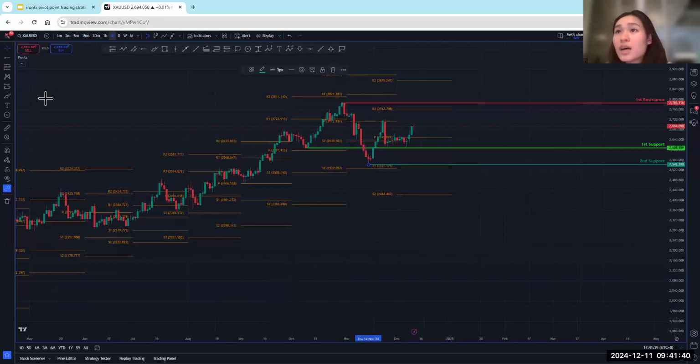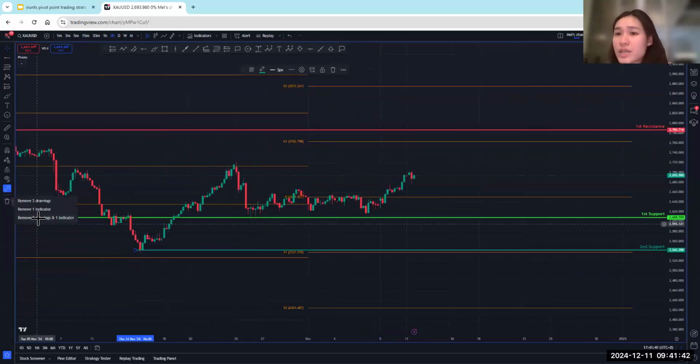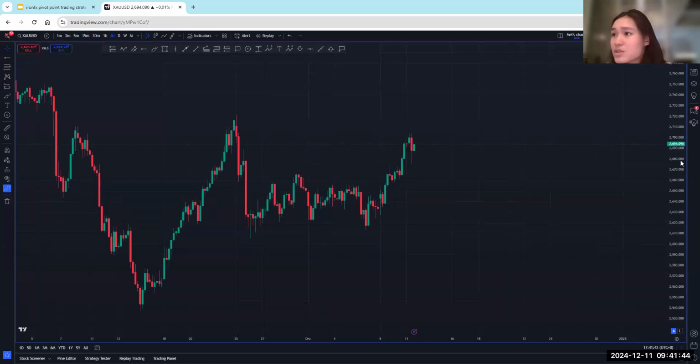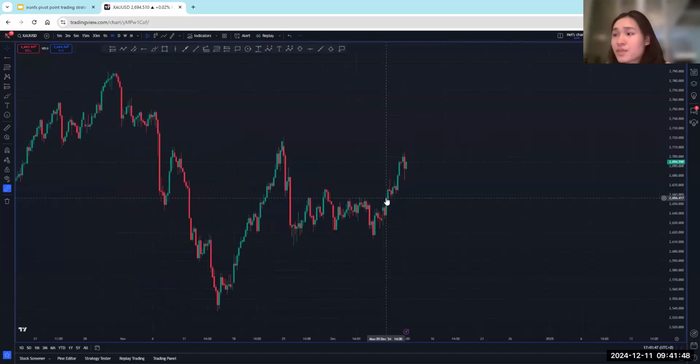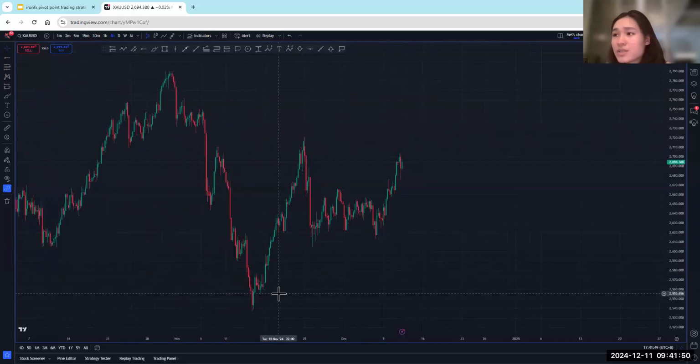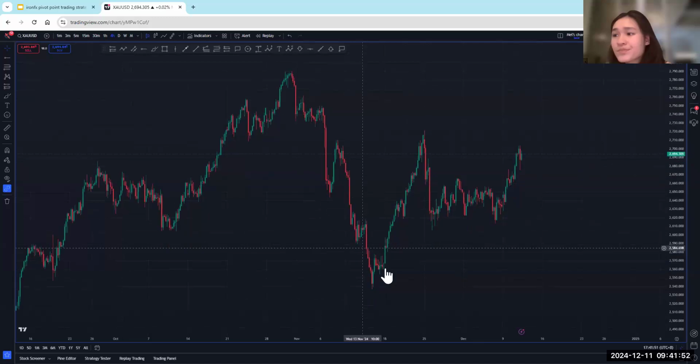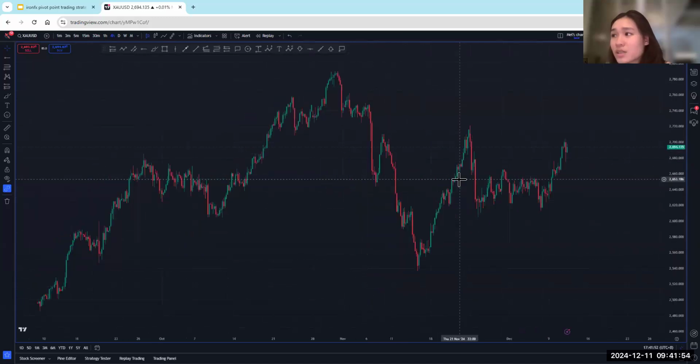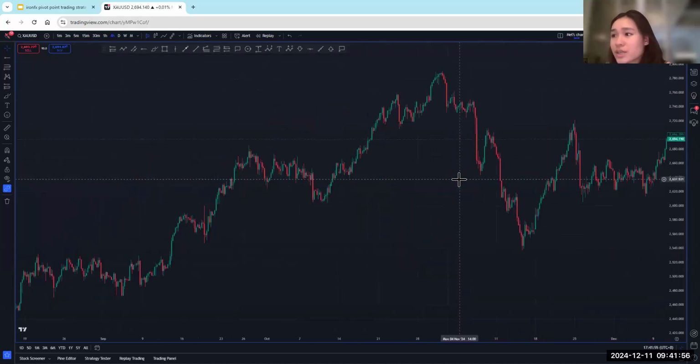Okay, now let's zoom into our 4-hour time frame and repeat the process. Now on our 4-hour time frame, prices are generally moving upwards, it looks like.